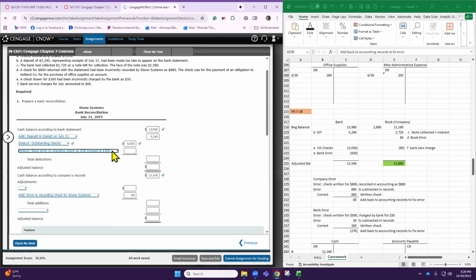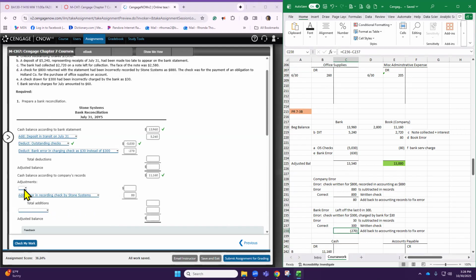So see, that's hard to understand. Yeah. So we need to subtract 270 because the check was meant to be paid for 300, not 30. So they left off a zero. So I'll put left off the last zero in 300. Yep. Okay. All right. So it looks like we're good here.